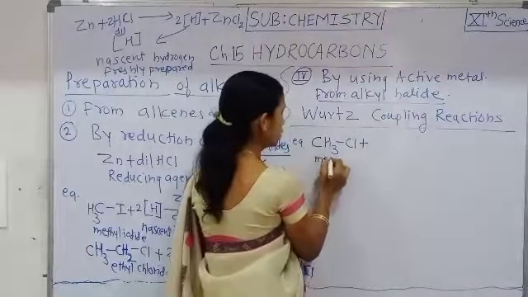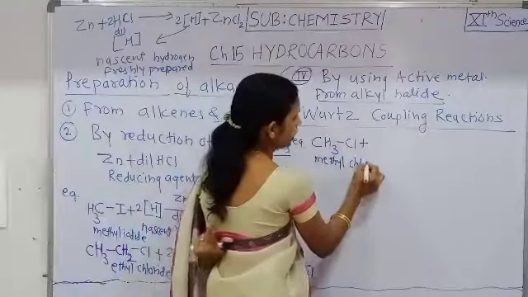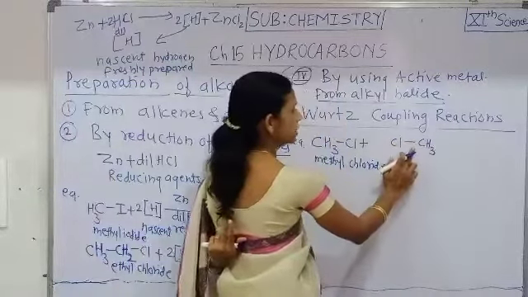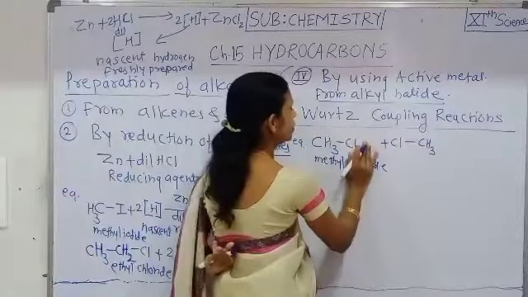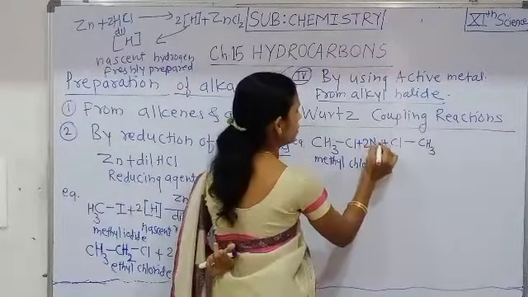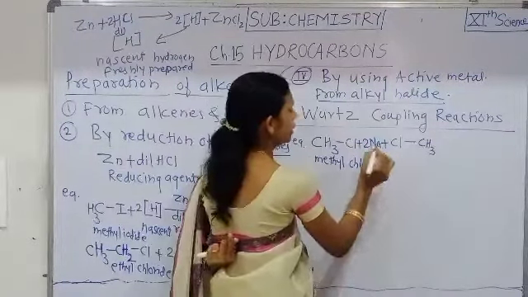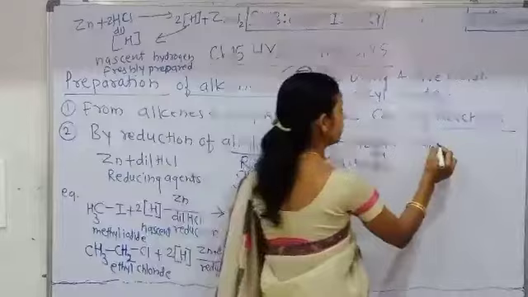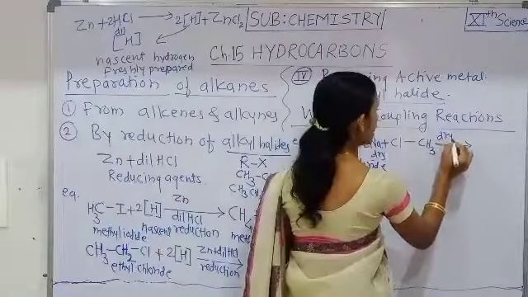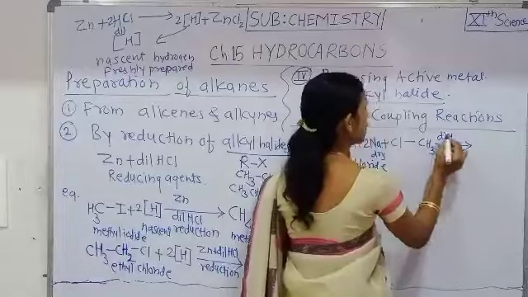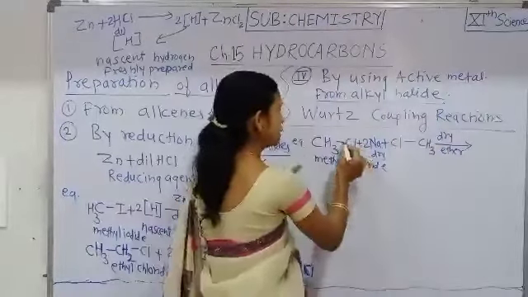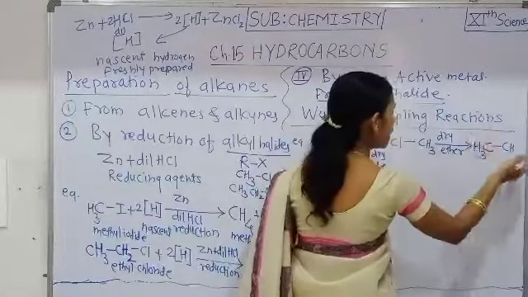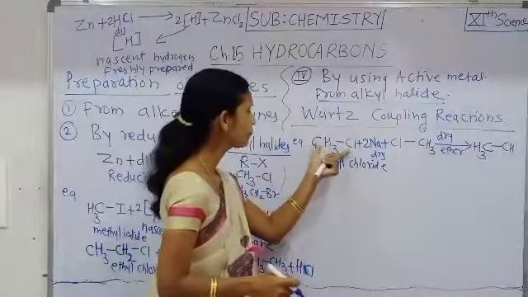Here, 2 molecules of methyl chloride are treated with sodium metal, which should be dry. When methyl chloride is treated with sodium metal in the presence of pure and dry ether, we get an alkane with double the carbon atoms present in the alkyl halide.